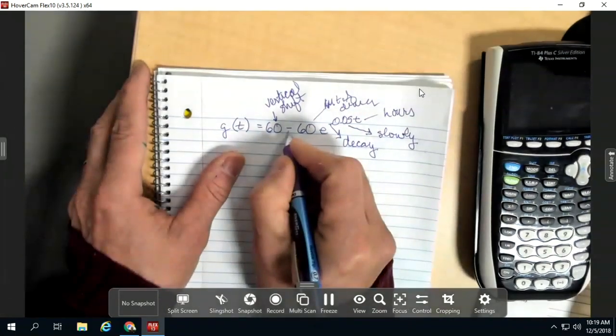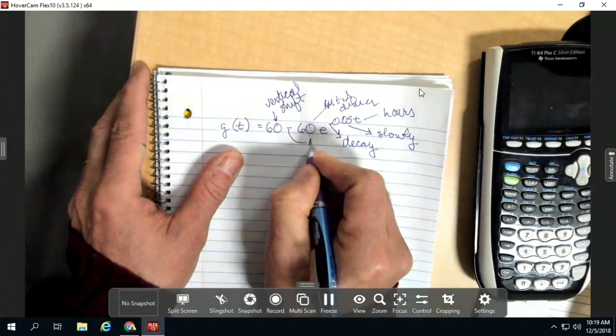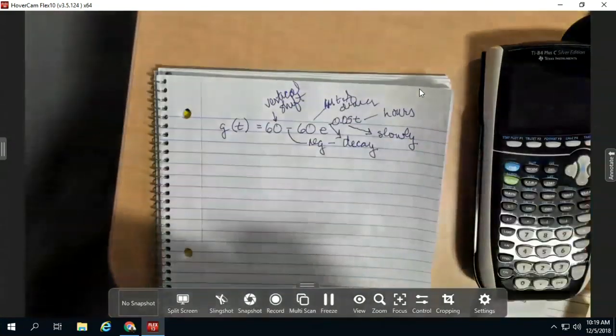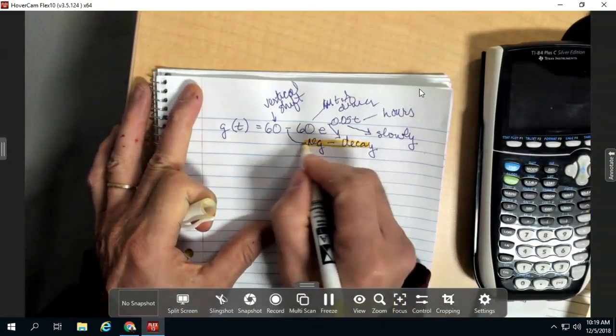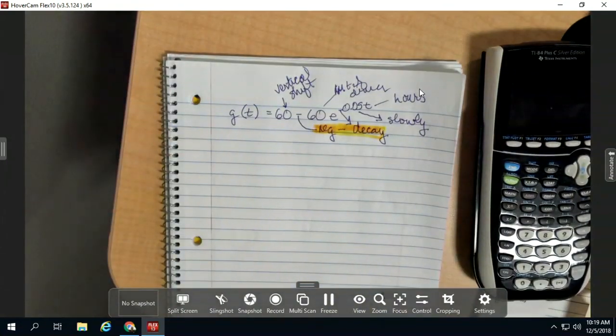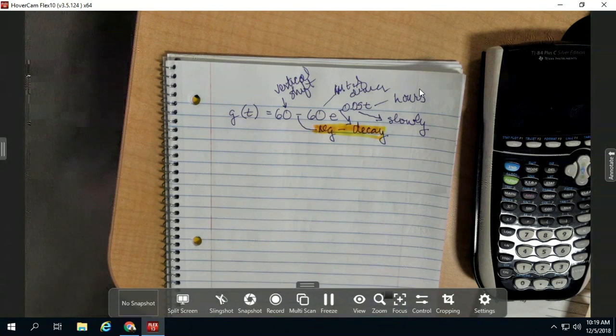But the problem is this is negative decay. So what's different about this lesson is this part right here. Why is that part different? Well, because remember what we just did in the last lesson, the 70 degrees. We understood how that impacted our formula. We know that we're dealing with an exponential function. We know that it's a decay, right, because of the negative. But now we've got a negative negative. Let's see how that graphs.